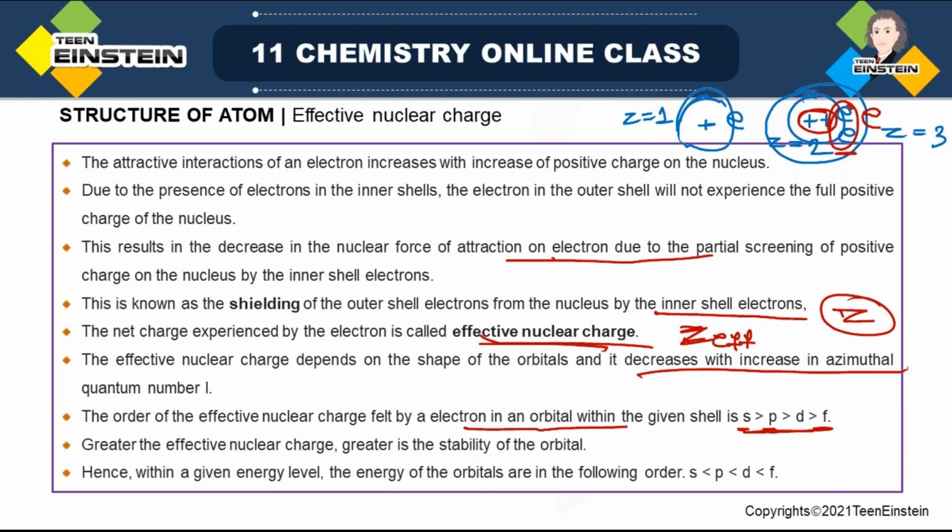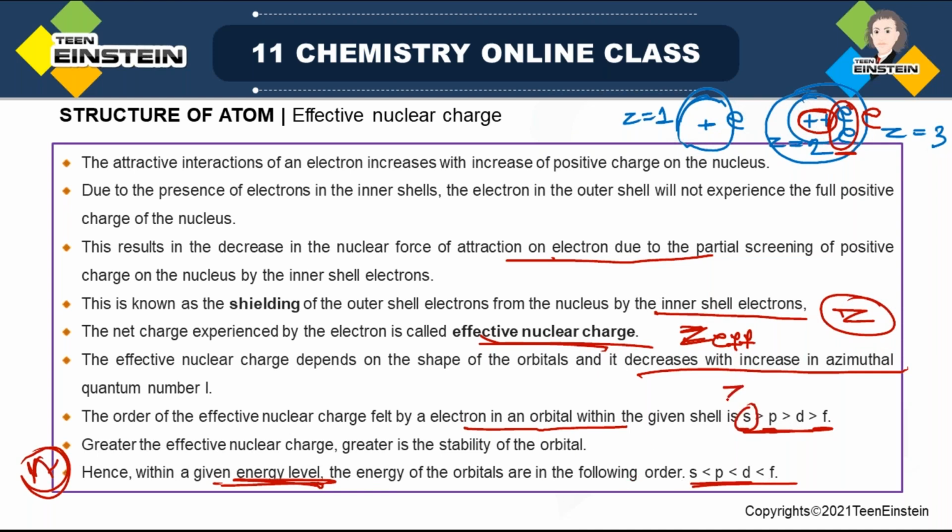Fine. The greater the effective nuclear charge, Z effective, the greater is the stability of the orbital, and it has to be, because the electron is now highly attracted towards the nucleus. So it will be a very stable condition. Hence, within a given energy level, that is, when n, the principal quantum number, is fixed, the energy of the orbital follows this.